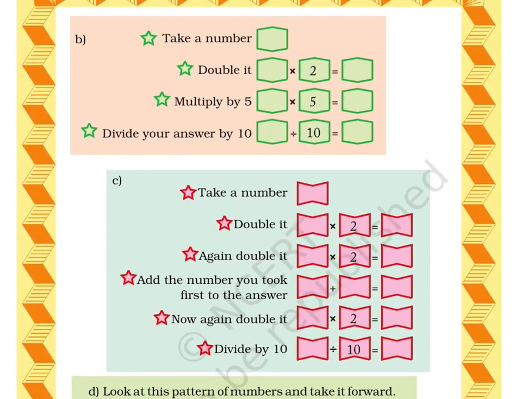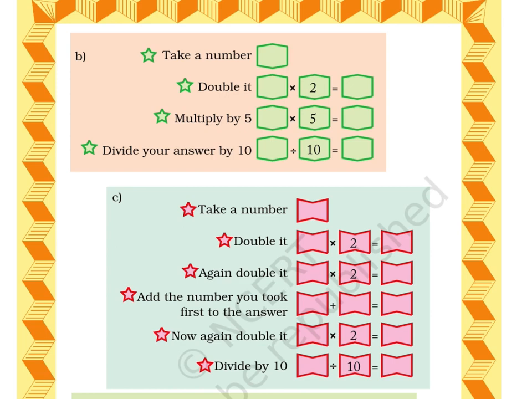B. Take a number, dash, double it, dash multiplied by 2 is equal to dash. Multiply by 5. Dash multiplied by 5 is equal to dash. Divide your answer by 10. Dash divided by 10 is equal to dash.